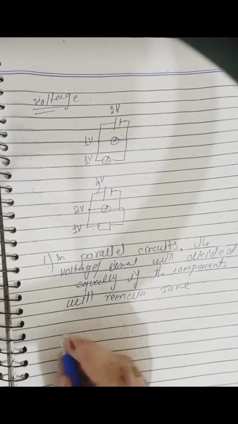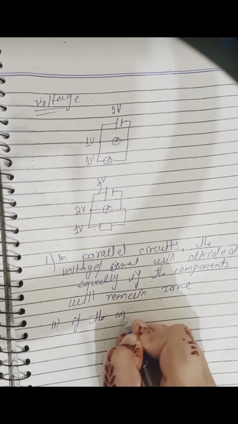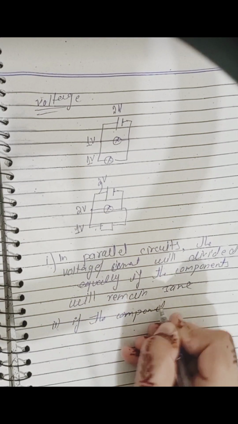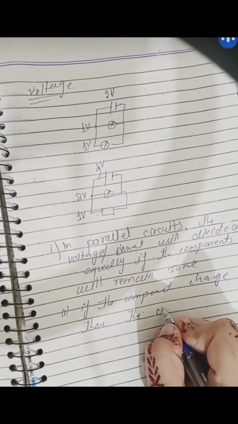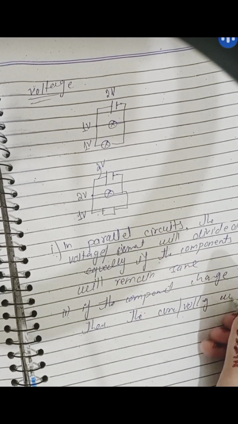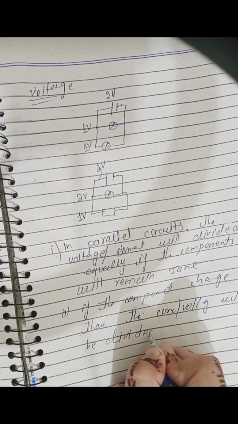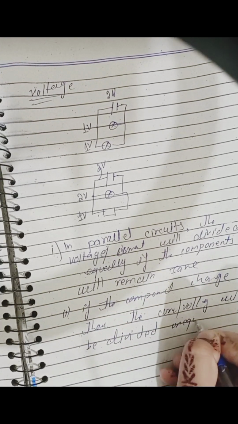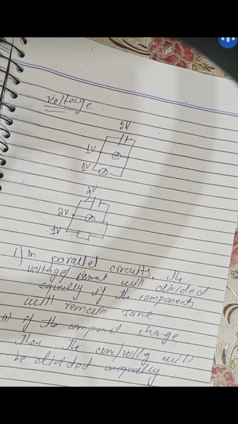Okay, second point: if the components change, then the current or voltage will be divided unequally. Okay, unequally. This is the whole concept, the whole idea of the parallel circuit and the series circuit.